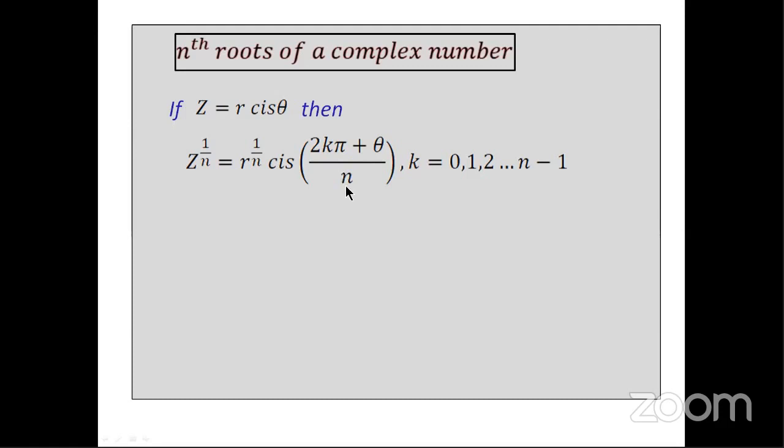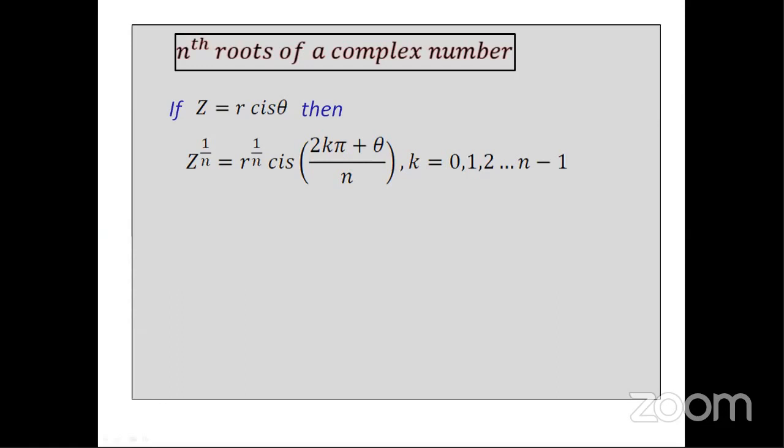Like if n is 4, then k takes values only up to 4 minus 1, that is 3, starting from 0. That means k goes from 0 up to n minus 1. If n is equal to 3, then k will be 0, 1, 2. Isn't it? 1 less than the value of n.